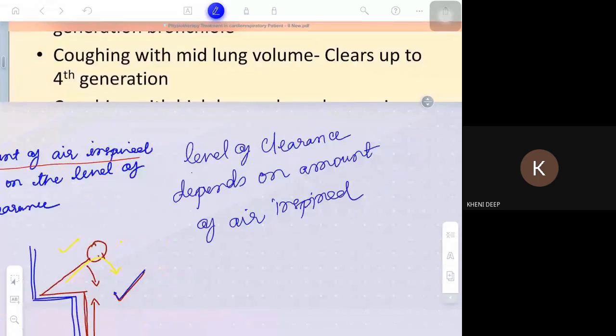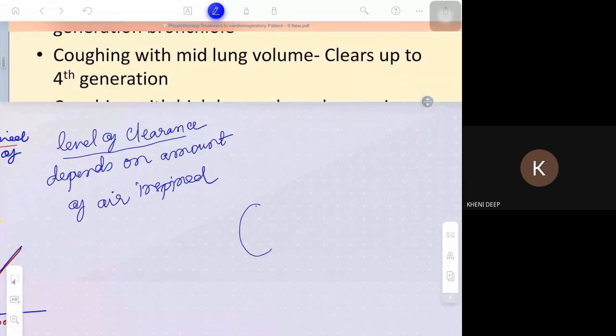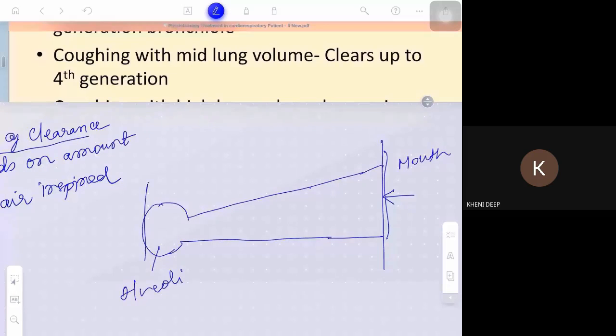Level of clearance. What is level of clearance? Suppose this is the airway, imagine this is alveoli, and here is your mouth. This is your mouth, and this is your last airway, alveoli.